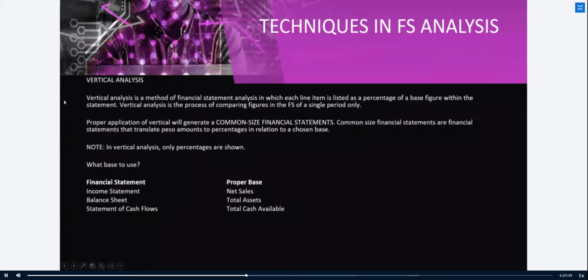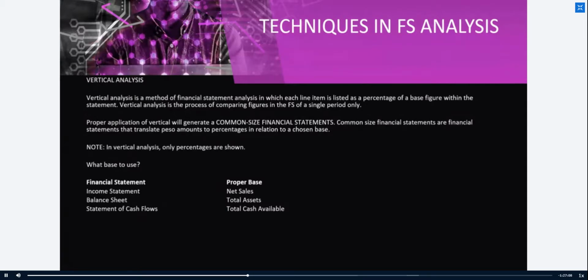So, take note of this, class. While previously in horizontal analysis, we're comparing two periods. For example, we're comparing 2020 financial statements with 2019 financial statements. So there are two periods involved, two calendar years involved.